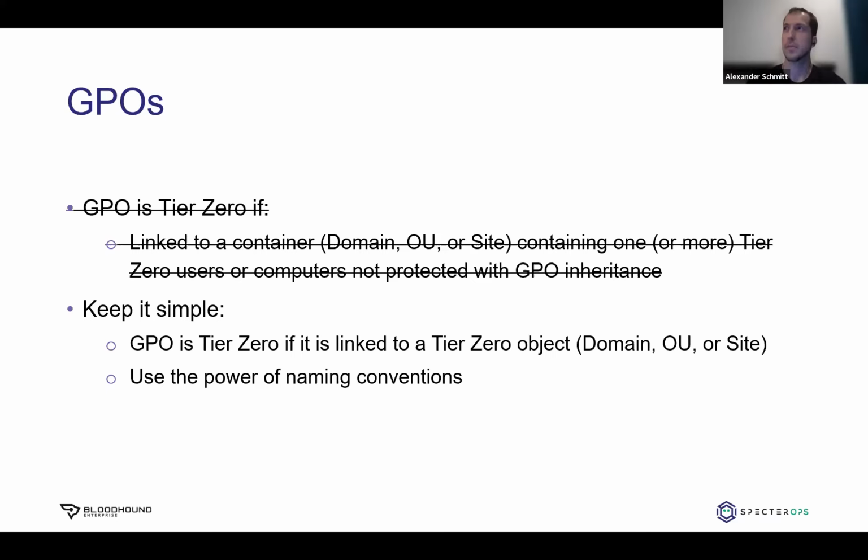I think around GPOs in day-to-day life, there's a very high chance that you make mistakes if you don't have a clear OU structure, your objects classified, a good naming convention in your GPOs, and a good process for how you create, manage, and take live GPOs. So I think the recommendation is even worse than the one on the OUs, probably.